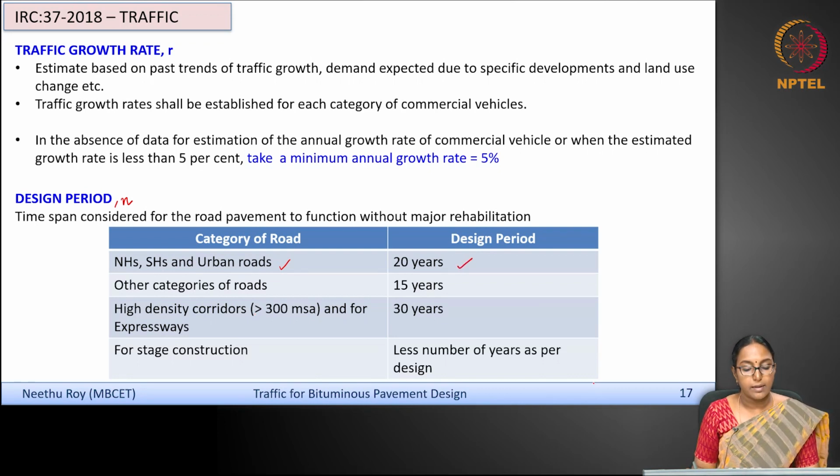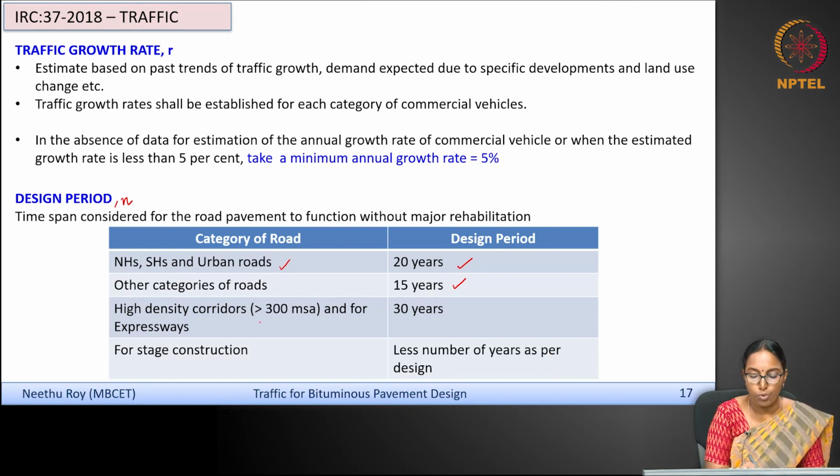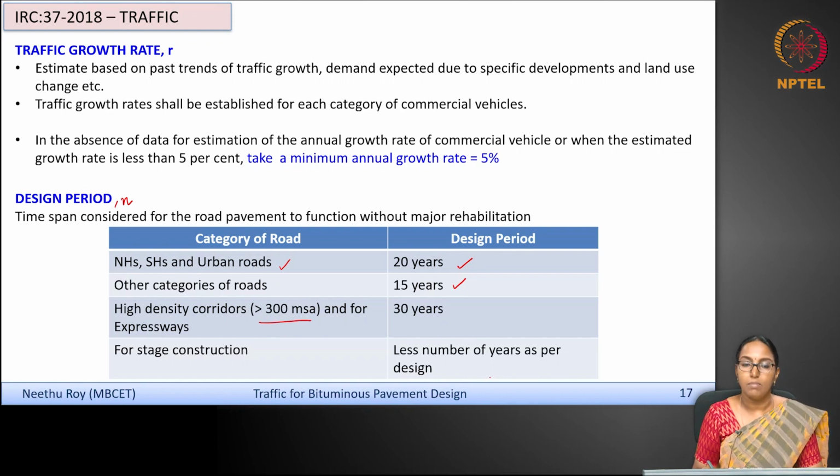Whereas for other categories of roads like minor roads or district roads and so on, you can choose up to 15 years for the design of bituminous pavements. And in the case of high density corridors with the total equivalent standard axle loads of more than 300 million standard axles, that is MSA, and for expressways and all, you go for a larger design period of 30 years.